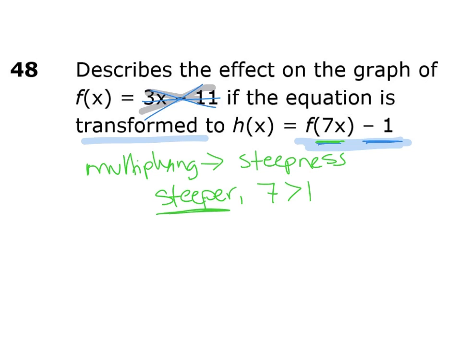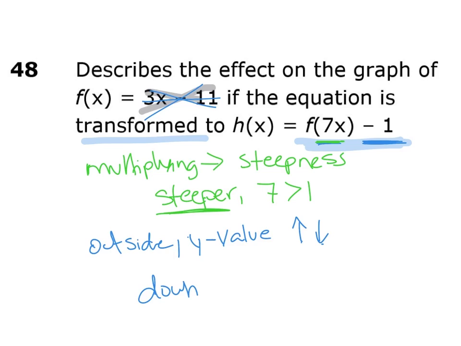And then at the end, that minus 1 is outside, which is affecting the y values. And once again, the y values go up and down. So we're moving the graph either up or down, and we know it's going to be down because of the subtraction. And we're going down 1 unit.